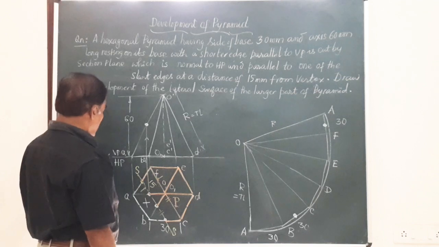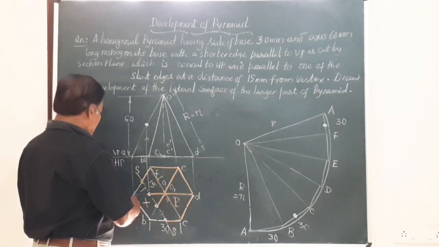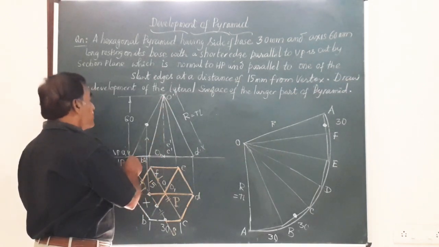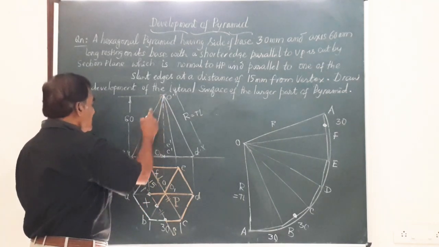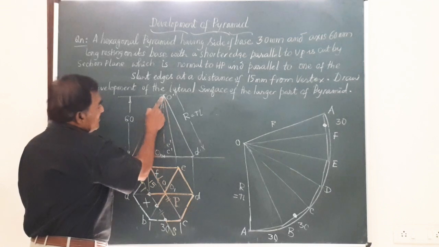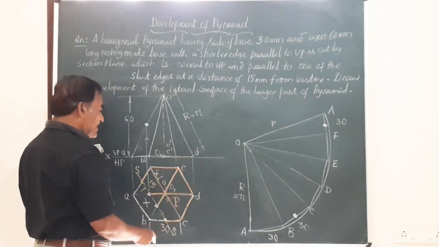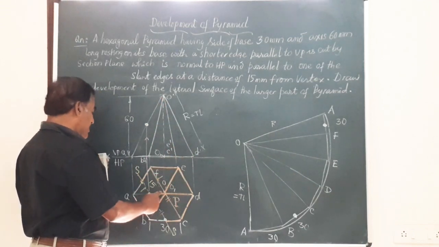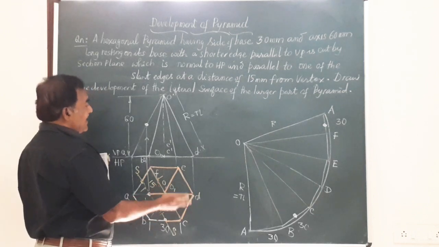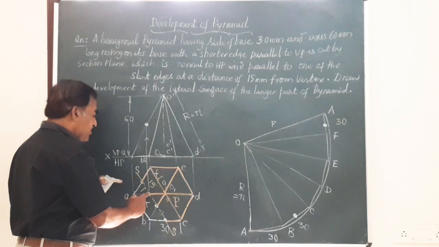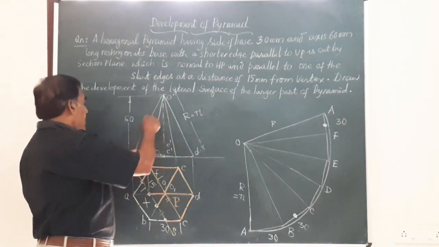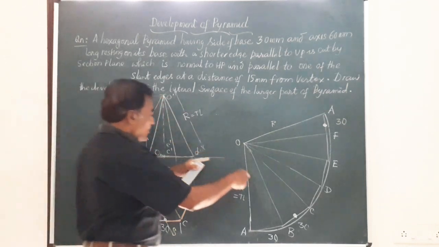Friends, you can see here, this OA is the true length because this is parallel to VP. This line represents true length as well as this line also represents true length because both the slant edges OA and OD are parallel to VP. So you can take this measurement where the solid is cutting the slant edge on OA, this much on OA.